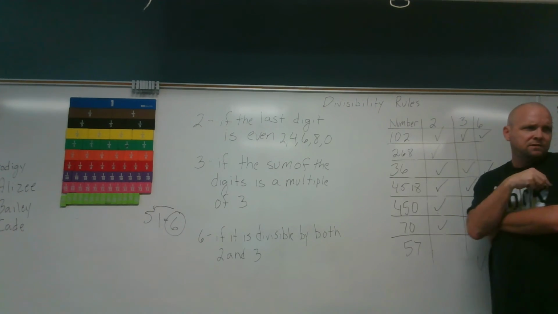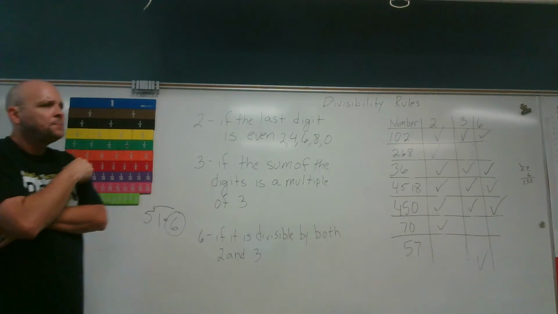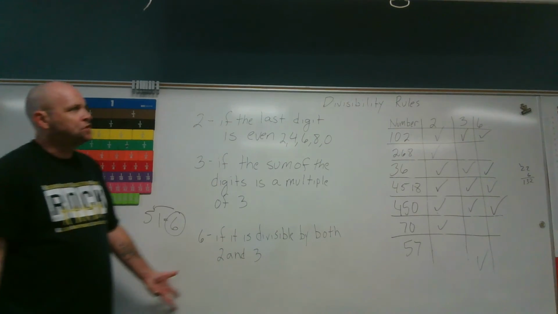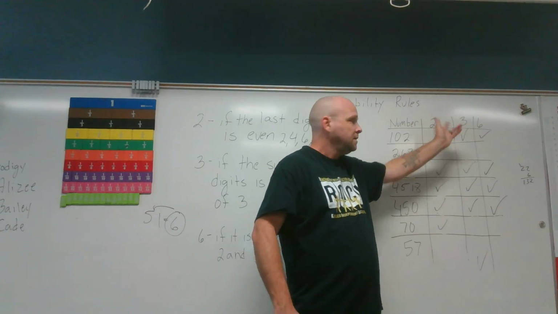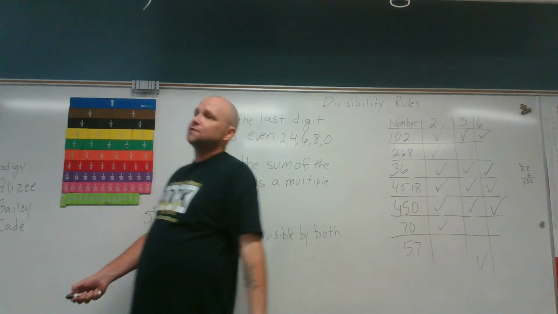It's okay not to know. Yeah, I don't. Okay, Essien? Because 3 times 2 is 6. Which means any number divisible by 6 is going to have to be divisible by both of these because 3 times 2 is 6.